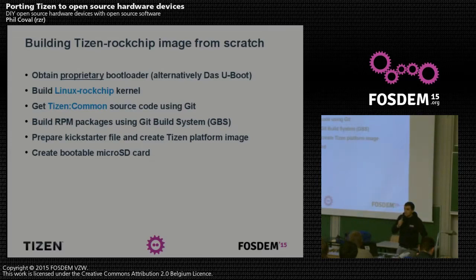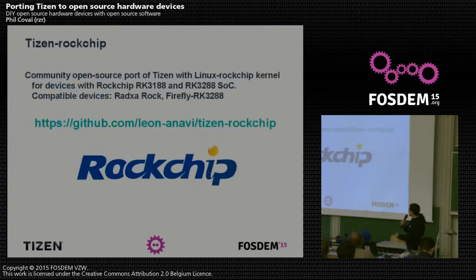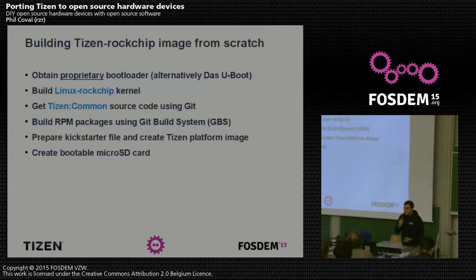So the image that is available at the moment for booting Tizen Common from a microSD card on the two boards that we support is using a proprietary bootloader. There is a fork of the Linux kernel again. This is a fork for the Rockchip devices. For Radxa Rock, we have Linux kernel version 3.0, and for Firefly, we have 3.10.